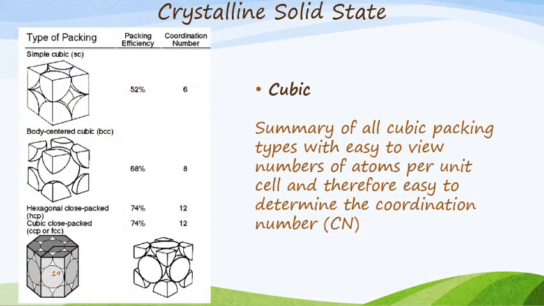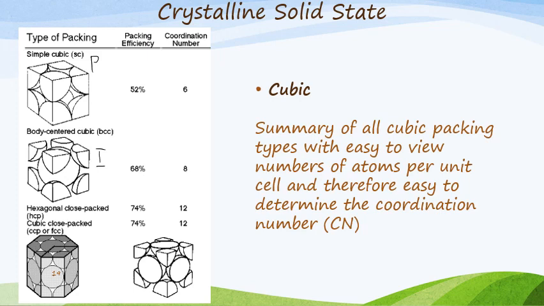Okay, and then this slide is simply just a summary of all the cubic packing types, showing you the simple cubic or the primitive cubic. Remember, this is the primitive one. The body-centered cubic, which has the symbol I, taken from the German word Innenzentriert, which means centered inside.